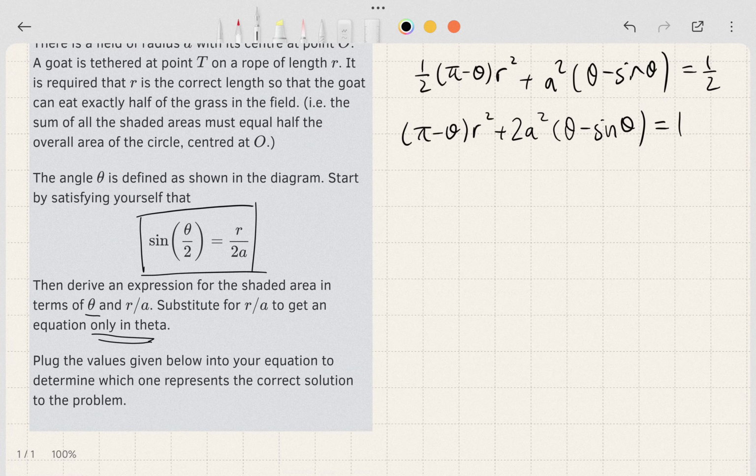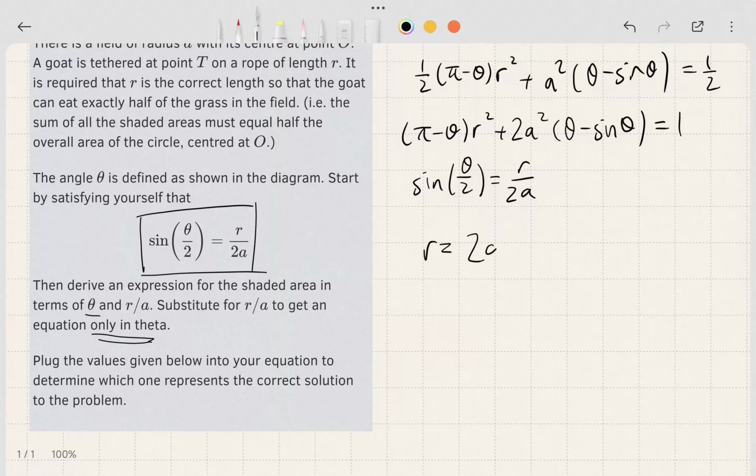Oh well, another relation we have is sine of theta over 2 is equal to r over 2a. So this really tells us something. So perhaps one of the ways to solve this problem could be to substitute r out.